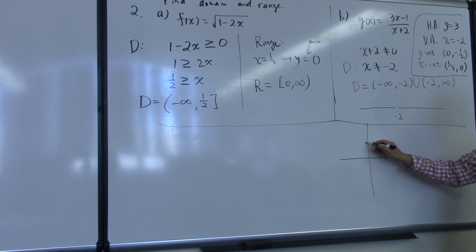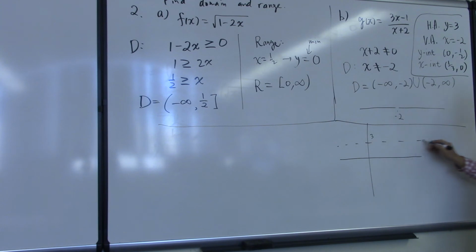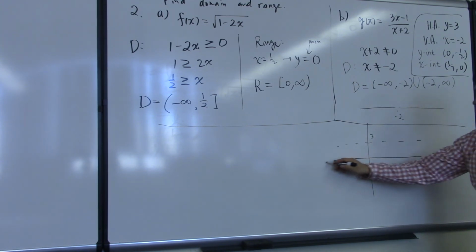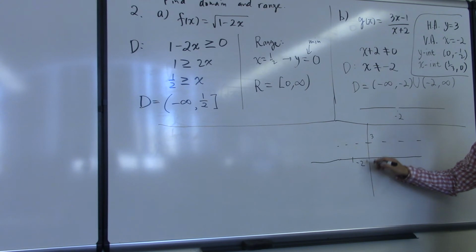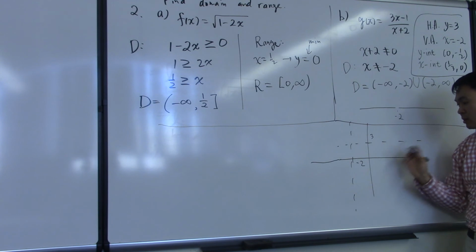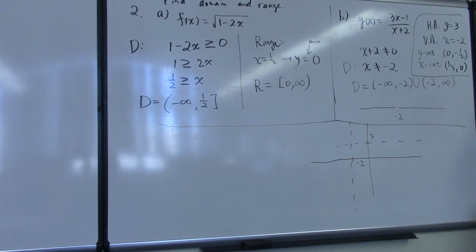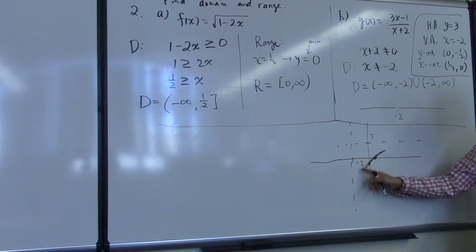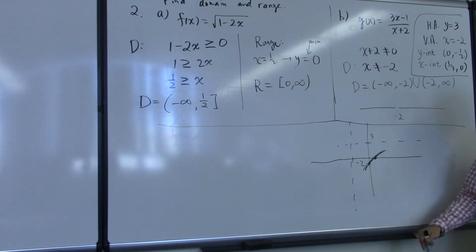So at x equal to -2, you have a vertical asymptote, and you have a horizontal asymptote here at 3. The y-intercept is somewhere here. The x-intercept is somewhere here. So you need a graph that would pass through these 2 points while getting close to this horizontal asymptote as you go right, and when you get closer to -2, it has to go closer to this vertical asymptote.